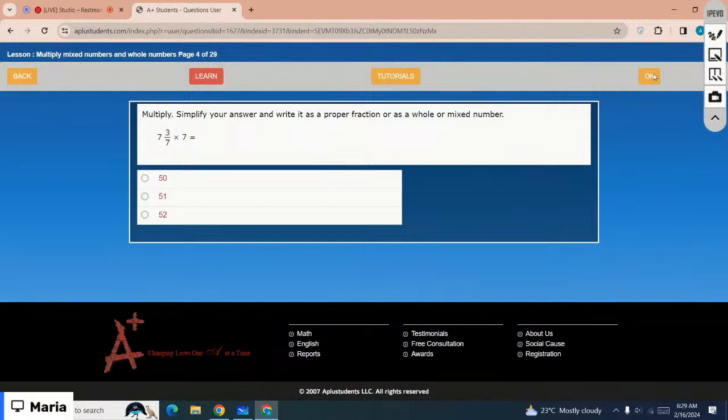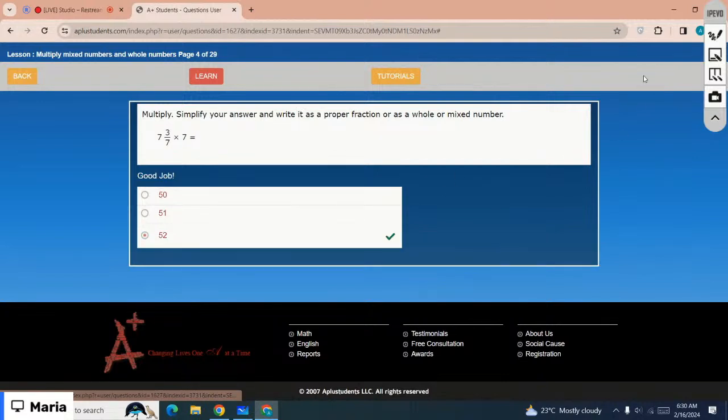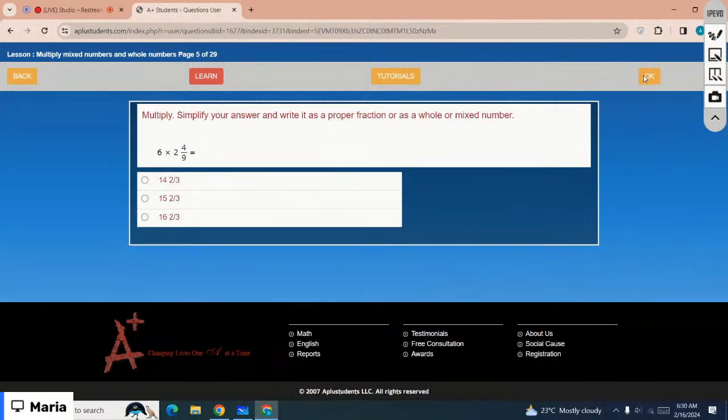The correct option is 51. Right? Option number 52 it is, because 7 times 7 is 49, 50, 51, 52 it is, and the 7 and 7 cancel out each other. So the correct option is 52. Yes, very good. That is 52.